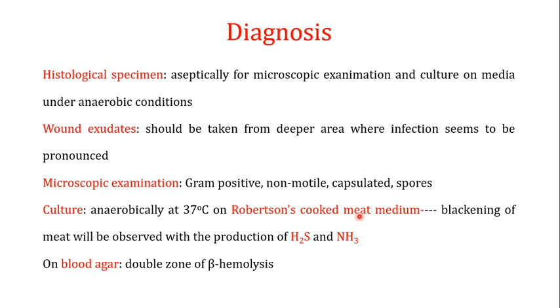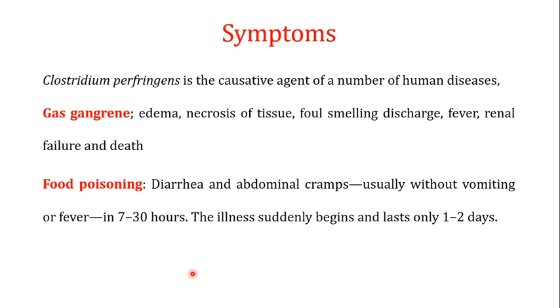This blackening is actually due to the production of H2S and ammonia gas by Clostridium perfringens. If you grow them on the blood agar medium, as I've told you in the previous video, they are going to give you the double zone of beta hemolysis.